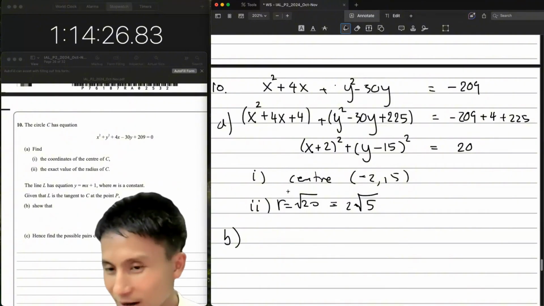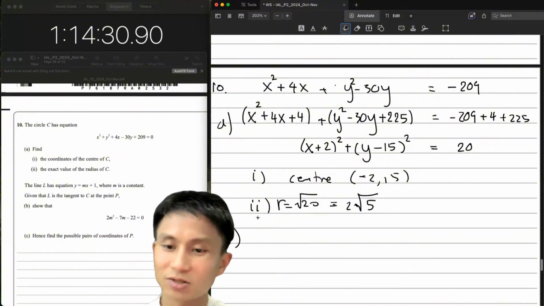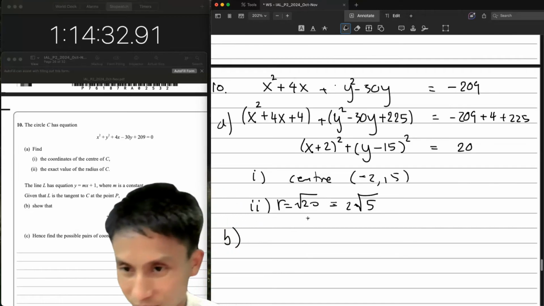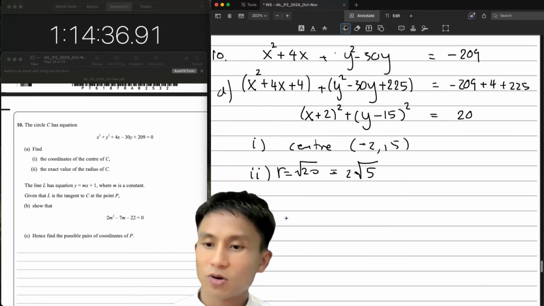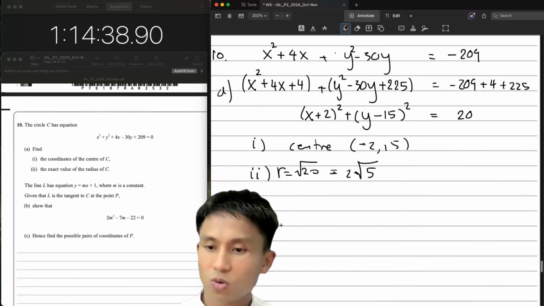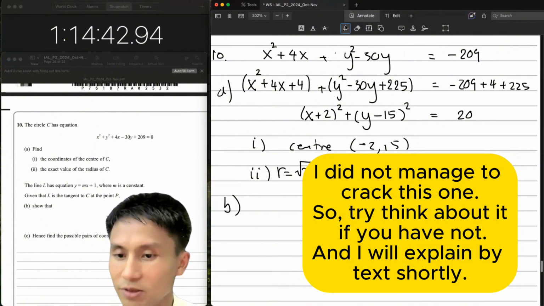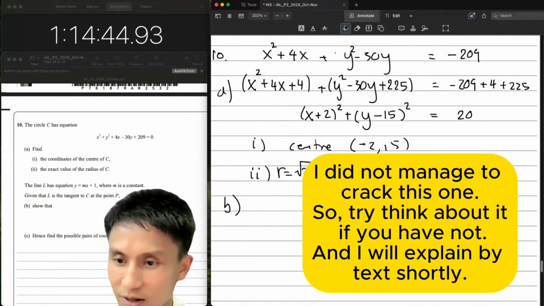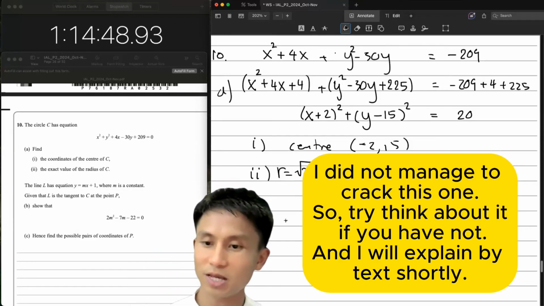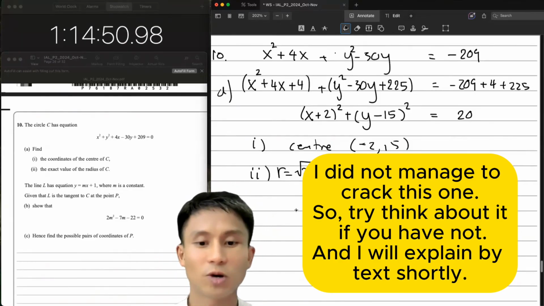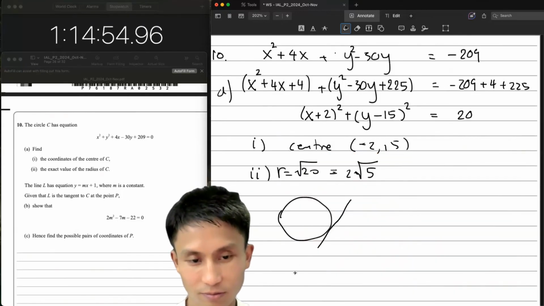Next, B. The line L has equation that, where M is a constant, given that L is a tangent to C at point P. Show that. Okay, so we have that equation where M is a constant, and line L is a tangent to C at point P. When we have a circle and a tangent, we know two things.